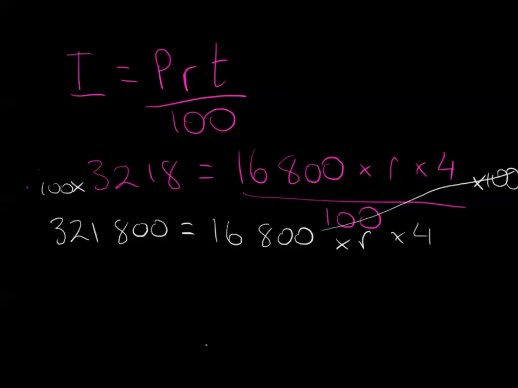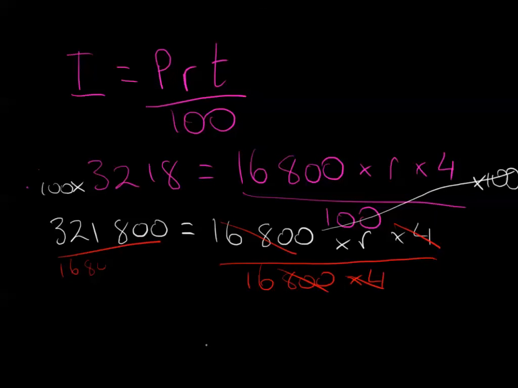Now we simply need to divide 16,800 times R times 4 by 16,800 times 4. That will cancel off our 16,800. That will also cancel off our 4. Whatever we do to the right, we must also do to the left. So it's 16,800 multiplied by 4.